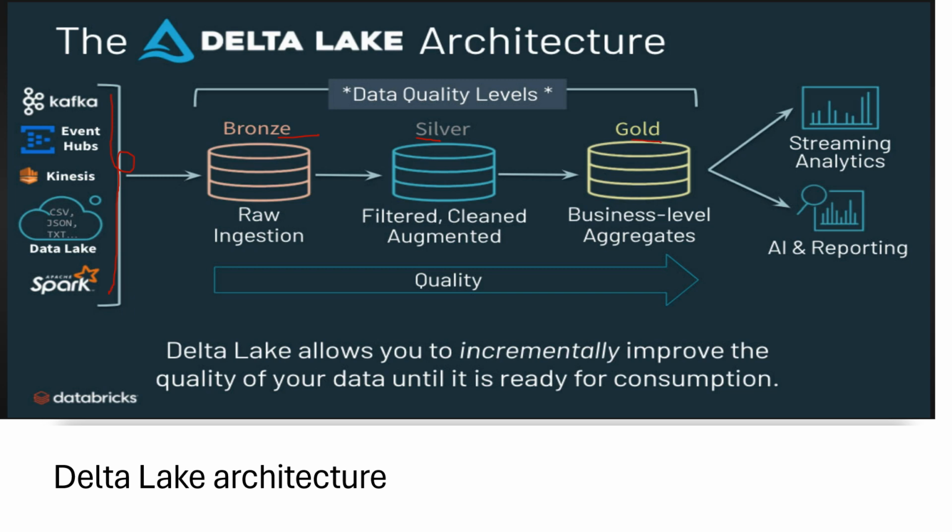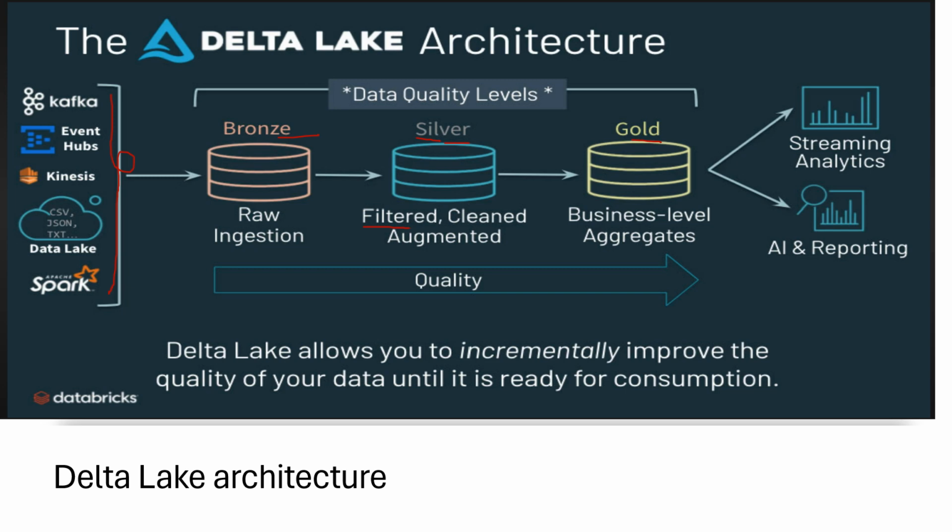In the bronze layer we probably store the raw data, and after some transformation, cleaning, or operations like merge upsert which maintains the uniqueness of data, we stage the data in the silver layer.